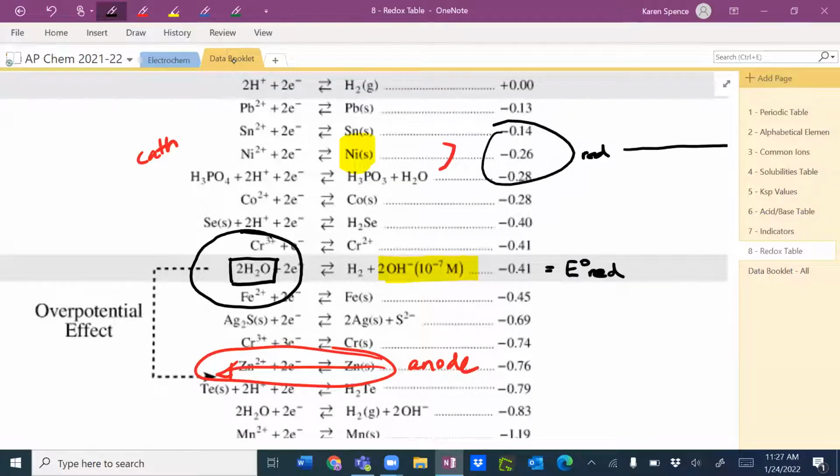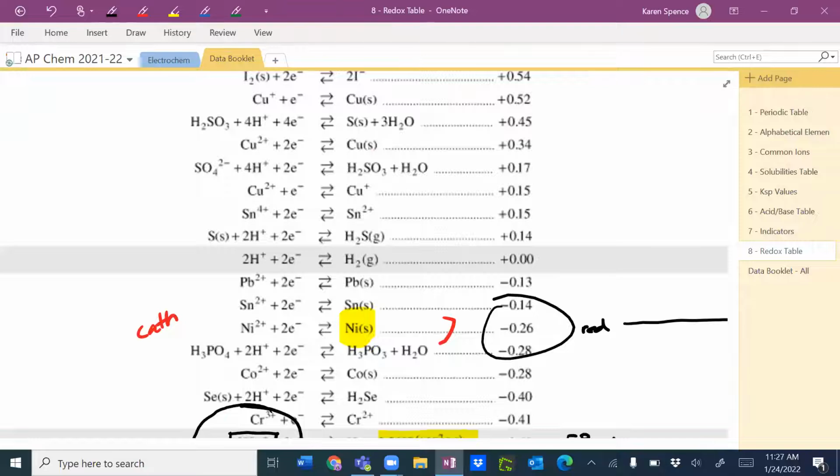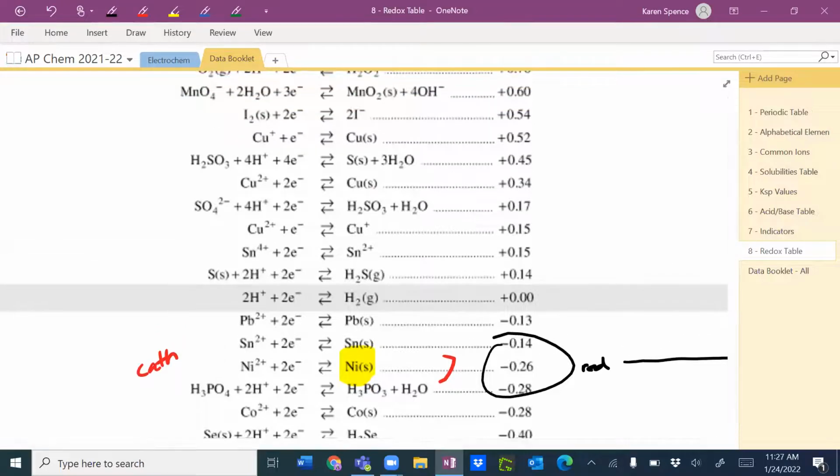Where is our copper? Up a little bit. There's our copper. Now we have a whole bunch of coppers on here. Really, this copper here is the only one that you need to worry about, because it has a reduction potential of 0.34. So that is better than copper 2+ turning into copper 1.